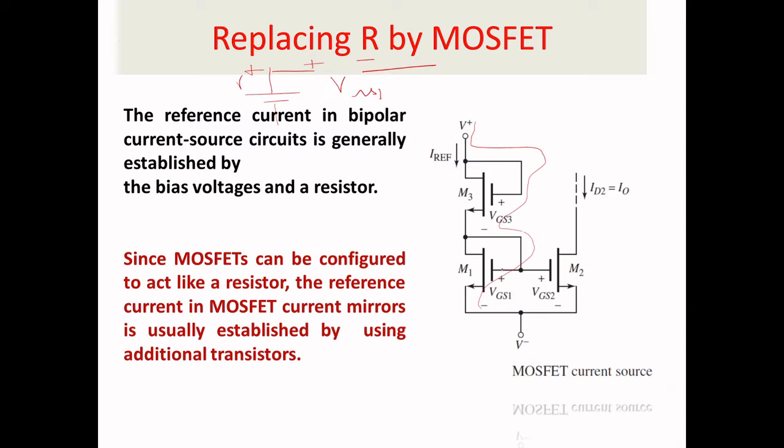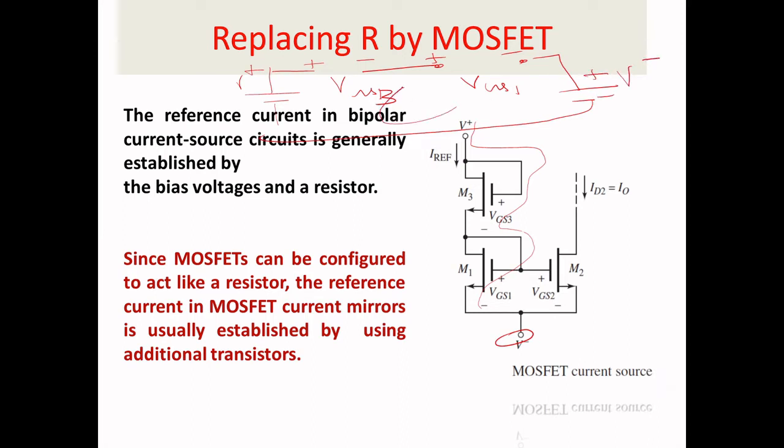Then this drop should be VGS3, right? Then you have the next drop. Just for your understanding, I am redrawing this loop: VGS1 plus minus, then this negative supply, V minus, plus minus.